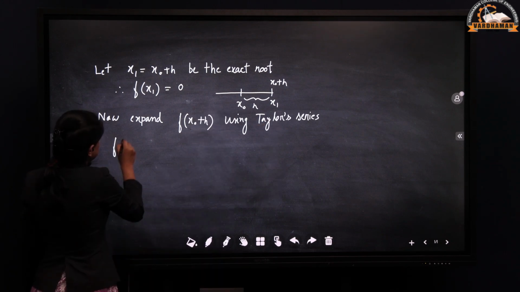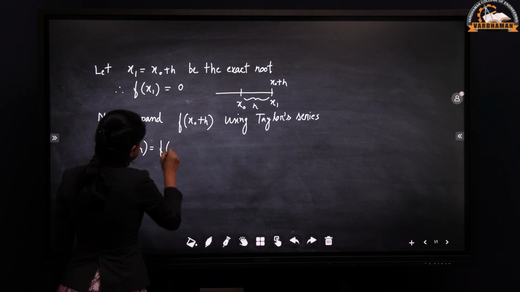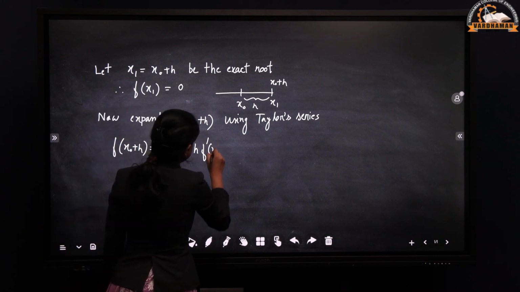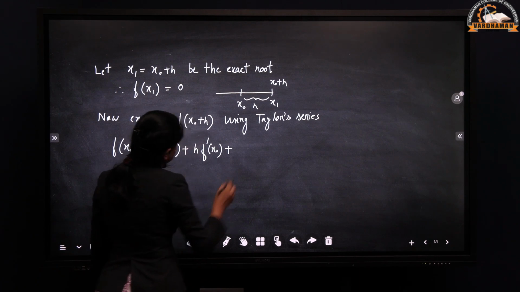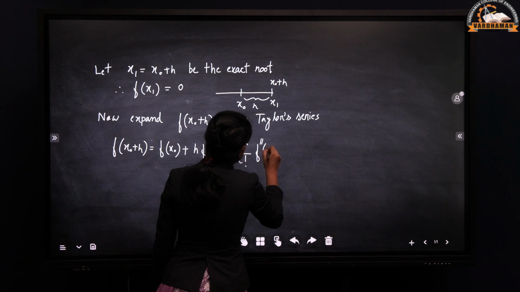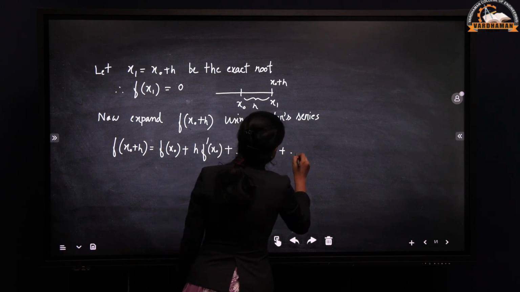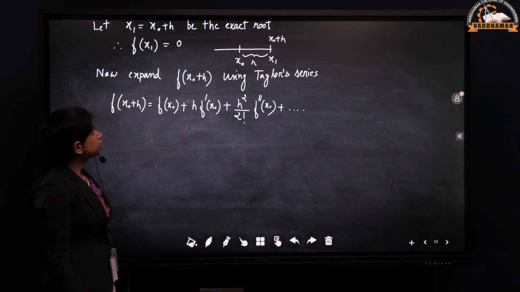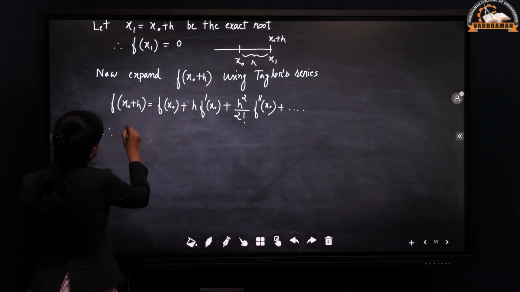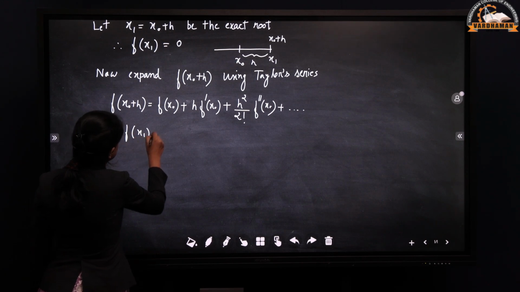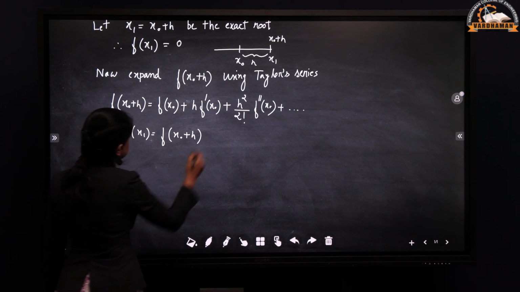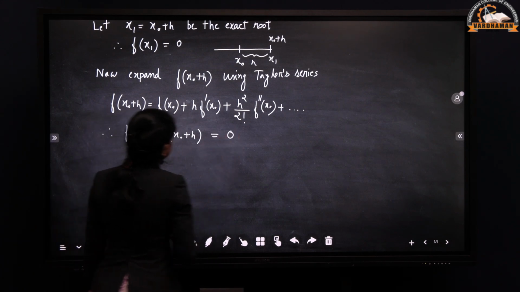So f of x naught plus h will be given by f of x naught plus h into f dash x naught plus h square by 2 factorial f double dash x naught plus and so on. So now what we will get, since f of x1 is 0 and f of x1 means f of x naught plus h, so this will also be 0.